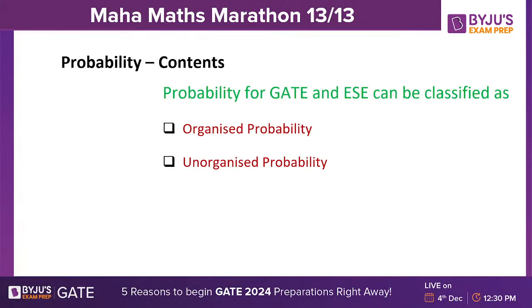And what you can see on the screen, the much awaited chapter for this preparation. So students, we will be having a short break for 5 to 8 minutes, you can say, and sharp at 1:02 p.m. we will start probability.